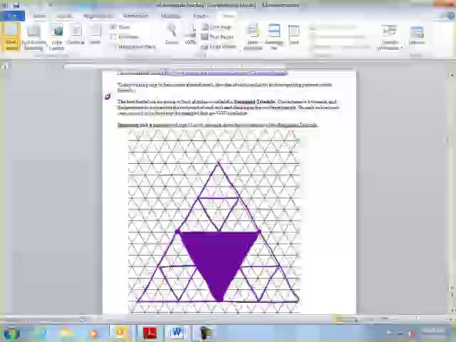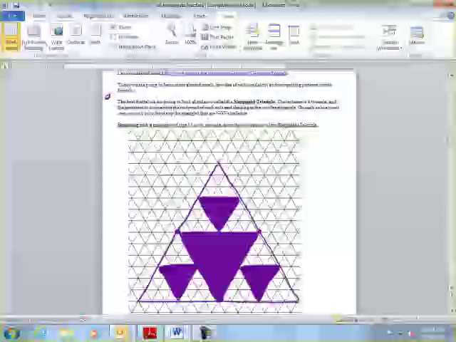And then shading in those resulting triangles in the middle. So this is what it would look like after 2 iterations.